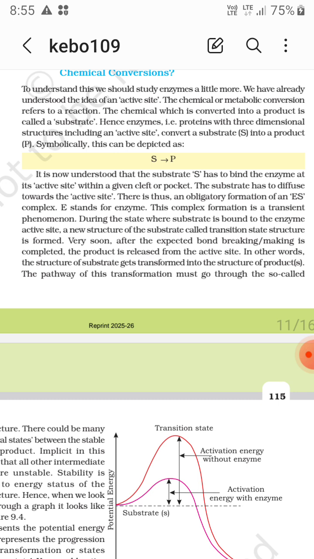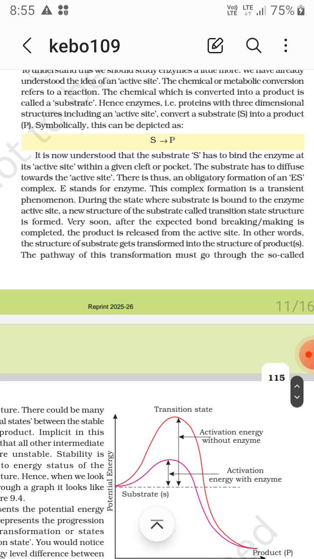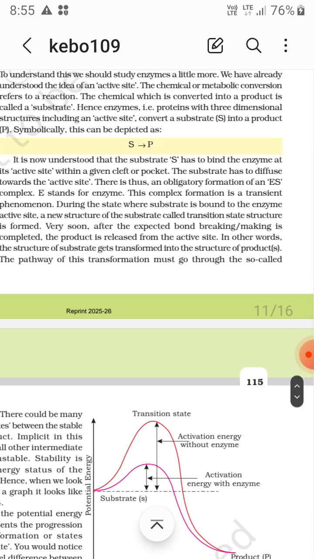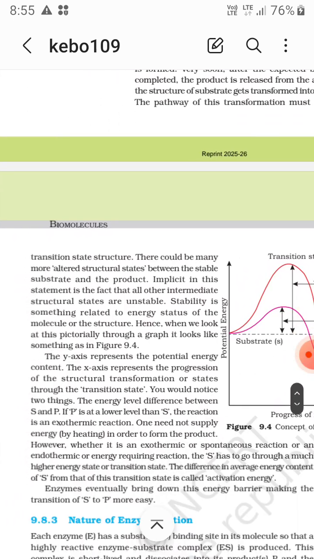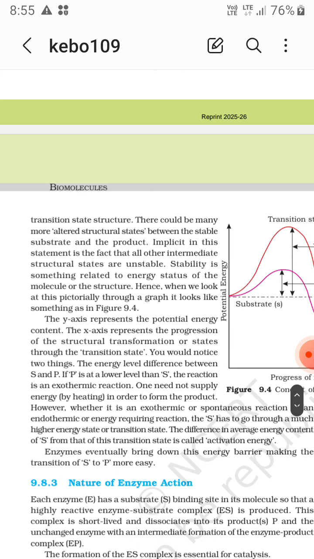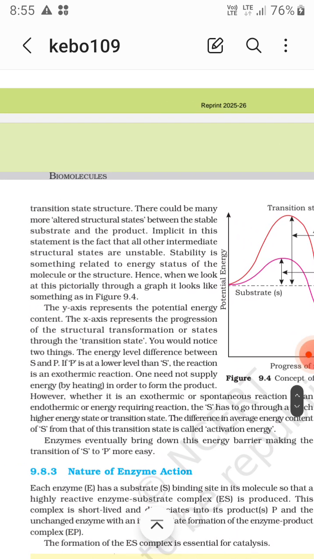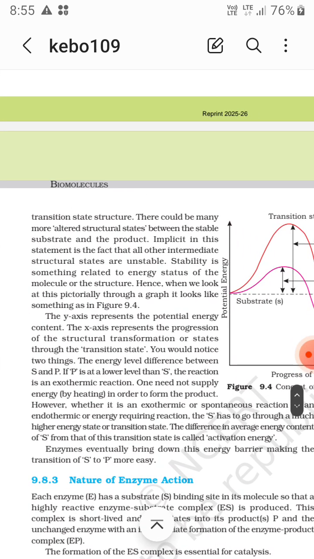In other words, the structure of the substrate gets transformed into the structure of the product. The pathway of this transformation must go through the so-called transition state structure. There could be many more altered structural states between the stable substrate and the product.